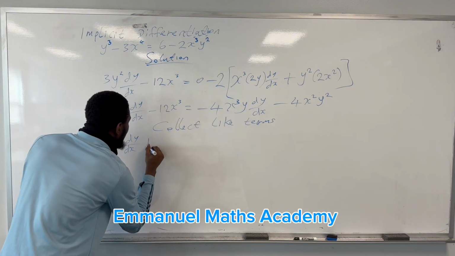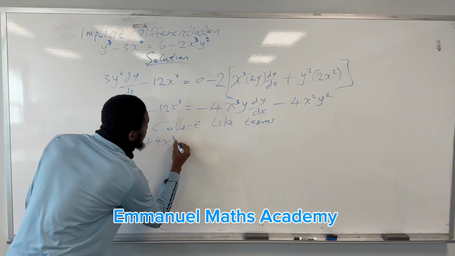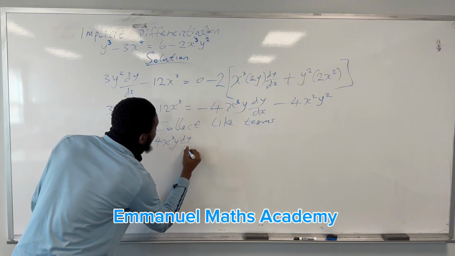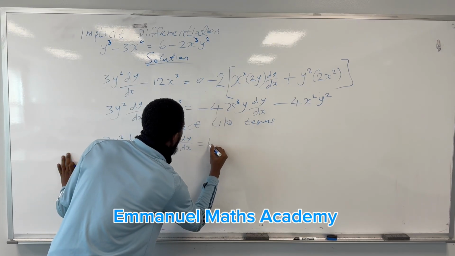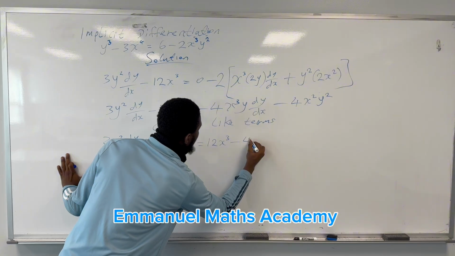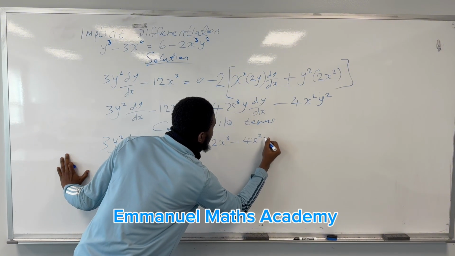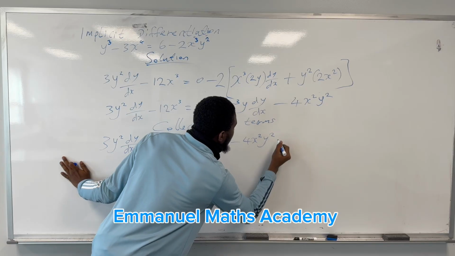This will come inside. You have plus 4x cubed y dy/dx equal to, this will go outside, 12x cubed minus 4x squared y squared.